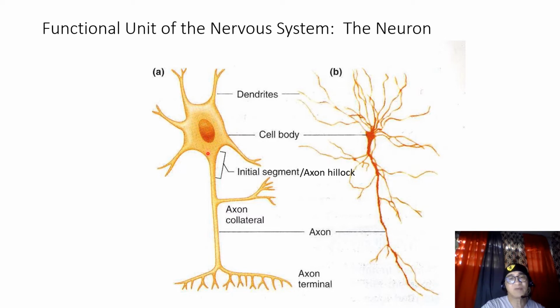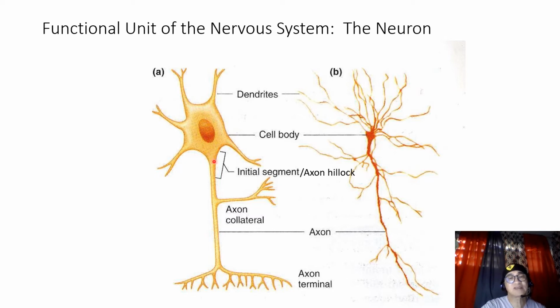These bipolar neurons are much more numerous in specialized sensory tissues of the nervous system, especially at the retina and that of the olfactory tissue of the nose. There's also a particular kind of structural classification of neurons which has only one fiber or one axon, and we call this a unipolar neuron.